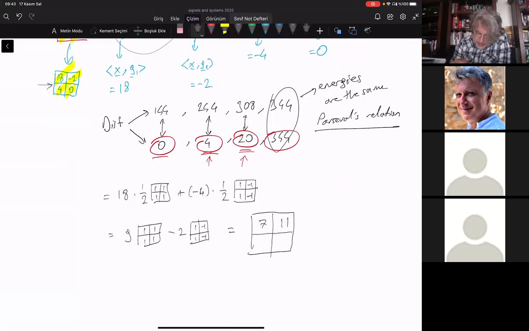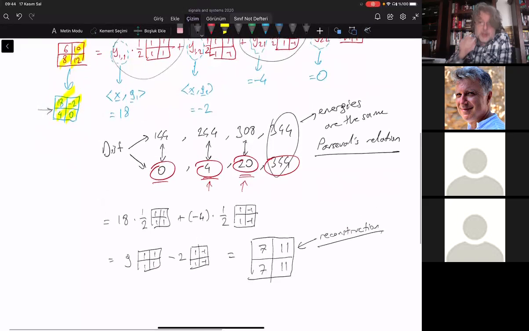And the bottom left corner is 9 -2, which is 7. The bottom right corner is 9 plus 2, which is again 11. So this is our reconstruction. All right. By this much of information, this is the image that we can reconstruct. What was the original image? It was 6, 10, 8, 12.